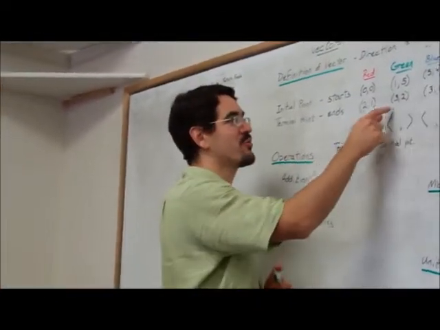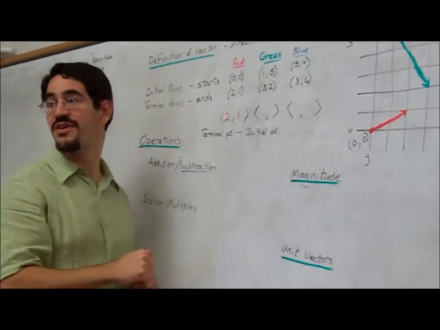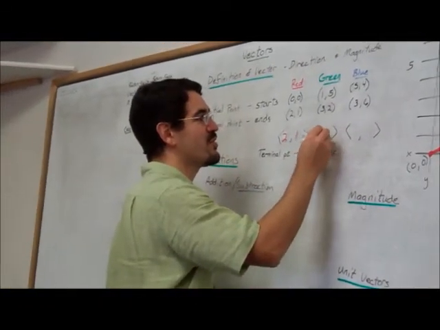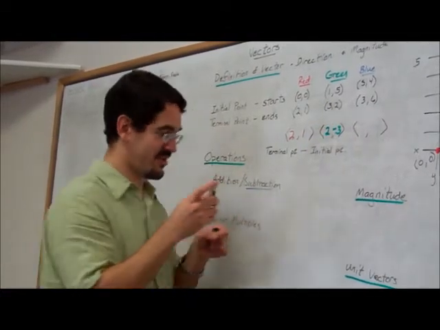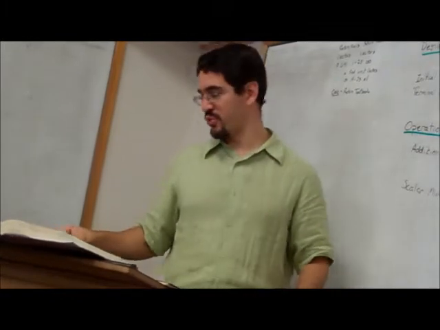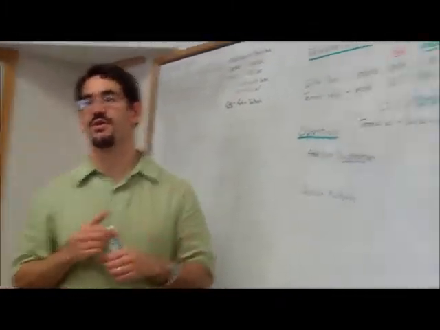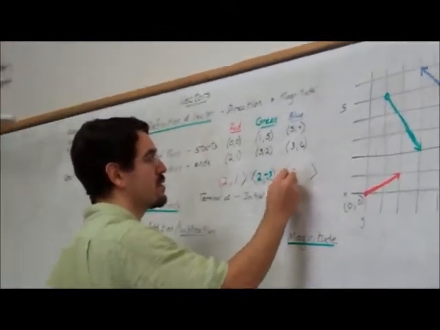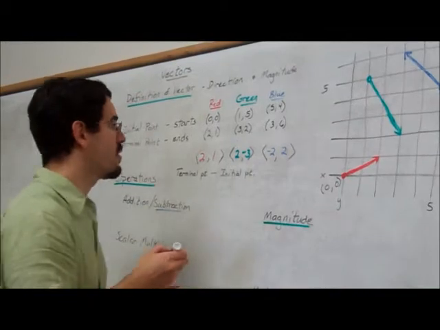Baruch, you're right, but let James get it. 2, negative 3. 2 and negative 3. All right. And Tim, how about the blue? Negative 2, 2. Yeah, negative 2 and 2. All right.